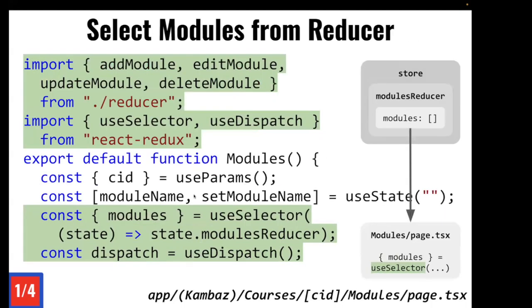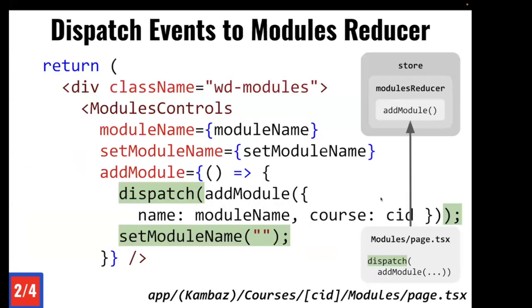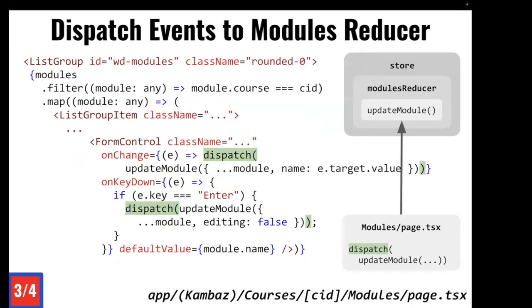The module name is being maintained here in local state, and that's very common. It's a great choice that we are editing the form here in the local state, but then to make it available across the entire application, when we add, edit, or delete the module, we are updating the global state so that it's globally available.